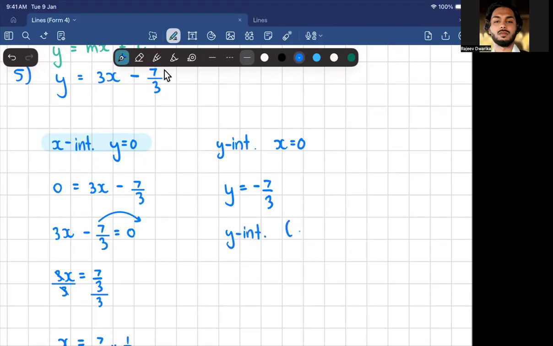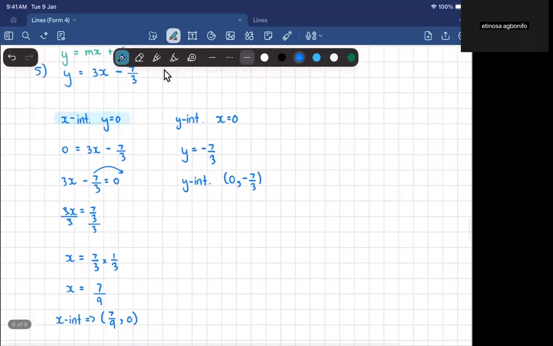So the x value here is what? If we're talking about the y-intercept, what's the x value? Always 0. Right. Once we're talking about the y-intercept, the x value is always 0. Right? And what's the y value? The y value is 3. Nah. It's negative 7 over 3. Right.